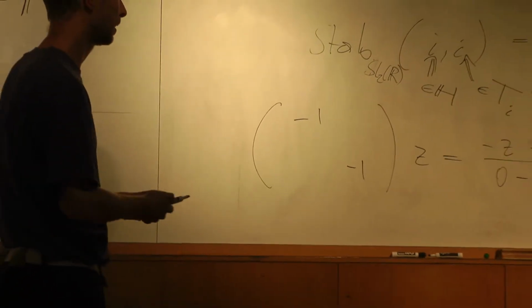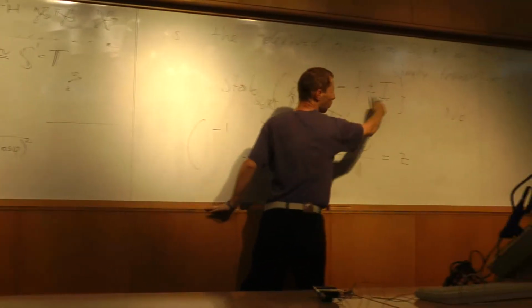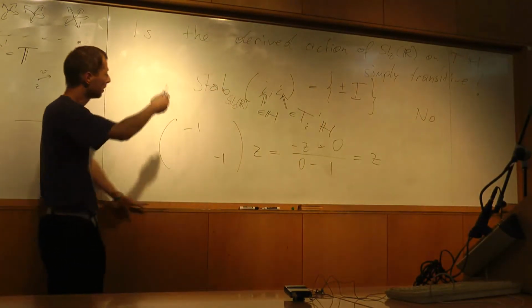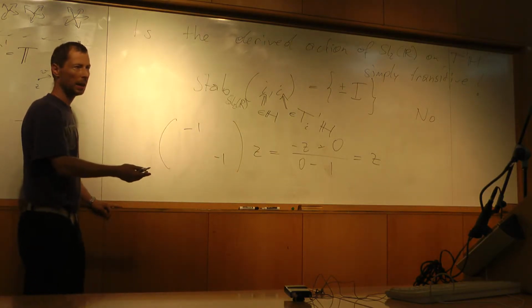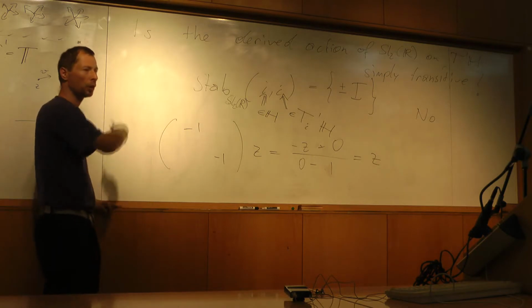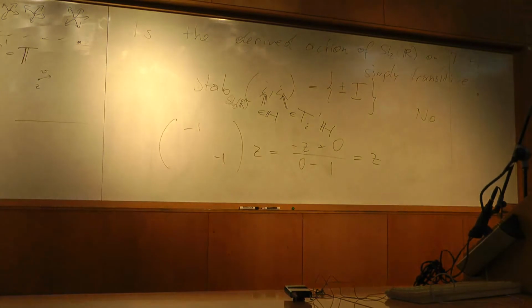So that means, also, because plus minus 1 is a normal subgroup, I can just take the quotient of SL2R by plus minus 1, and now I can identify the unit tangent bundle of the hyperbolic plane with a group.